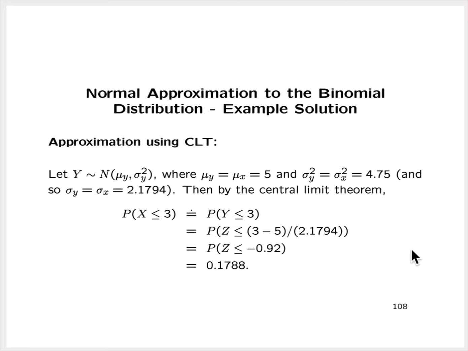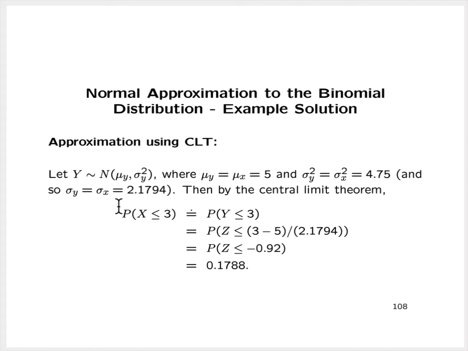So we're going to define a new random variable y, which has a normal distribution with the same mean as the distribution of x, which is 5, and the same variance of the distribution of x, which is 4.75. And so therefore the distribution of y has the same standard deviation as x as well, which is 2.1794.